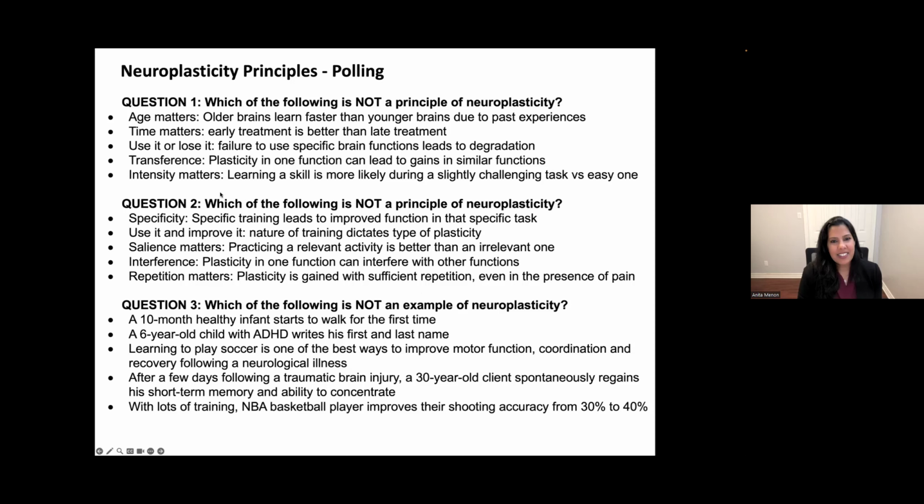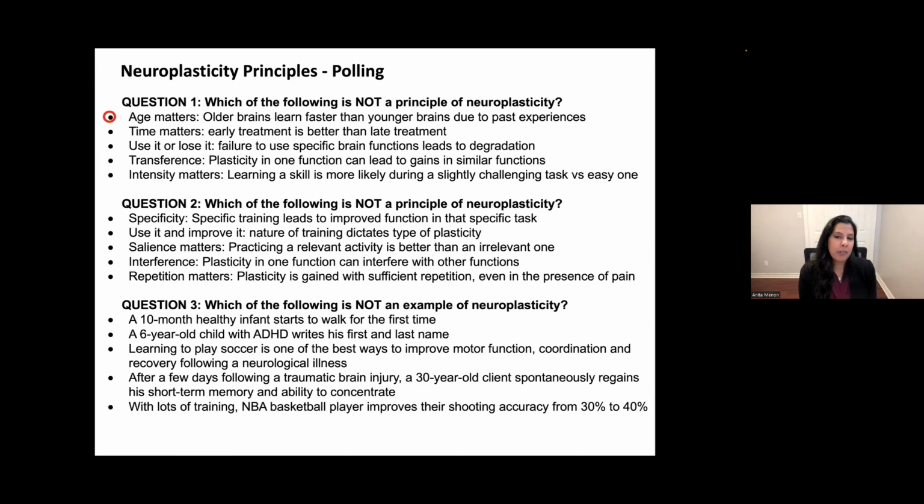Okay. So for the first question, in terms of these different statements, which is identified as not a principle of neuroplasticity? It's age. Many of you got that correct. The statement was that the older brain learns faster than the younger brain due to past experiences.